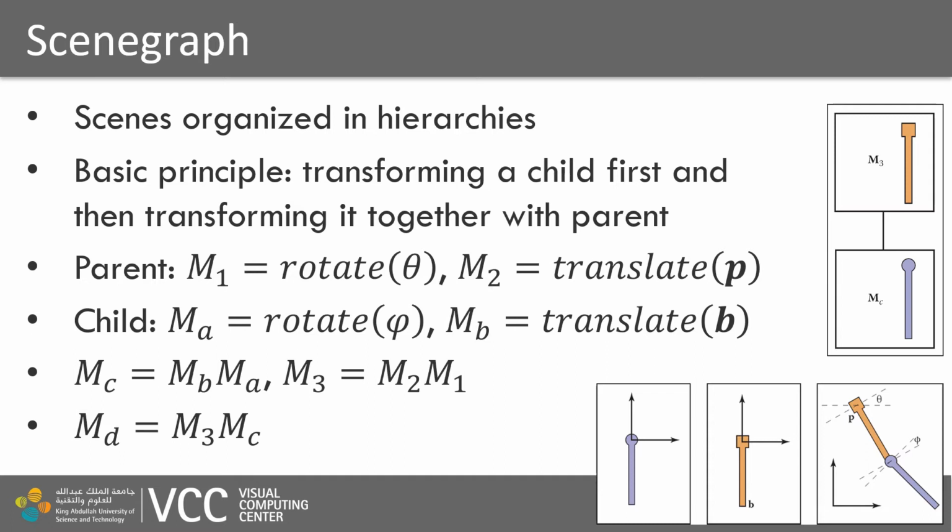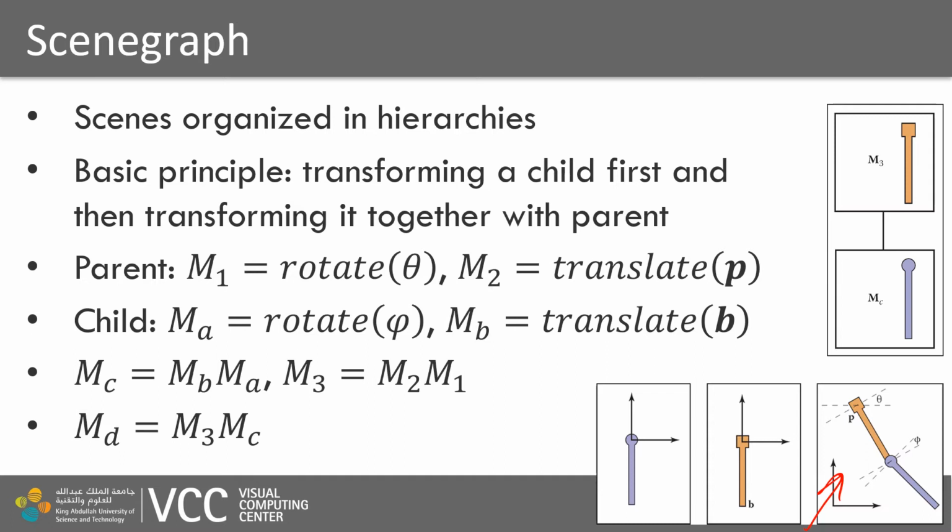So we can see that there are a lot of hierarchies, and for performing a transformation of such a hierarchical structure, we can take advantage of these hierarchies. So, for example, let's have a look at this pendulum shown in this image here.